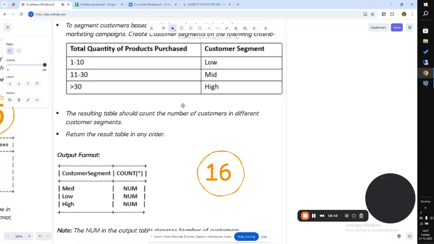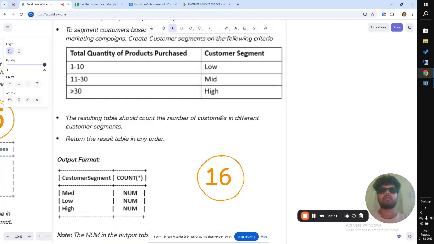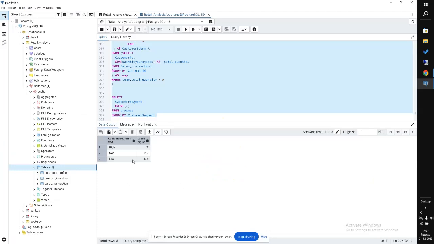We also solved question number 16. Okay, low, medium, high.